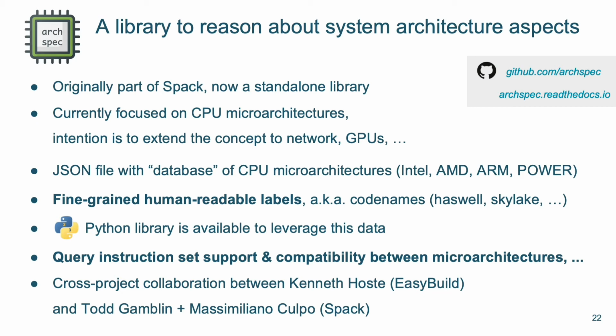In addition, it provides a Python library for leveraging this data and for reasoning about the information that it provides. It provides functionality to query the instruction set support of specific CPUs and to check the compatibility between multiple CPU microarchitectures. The project is a collaboration between myself and Todd Gamblin and Massimiliano Culpo, who are both SPAC developers.